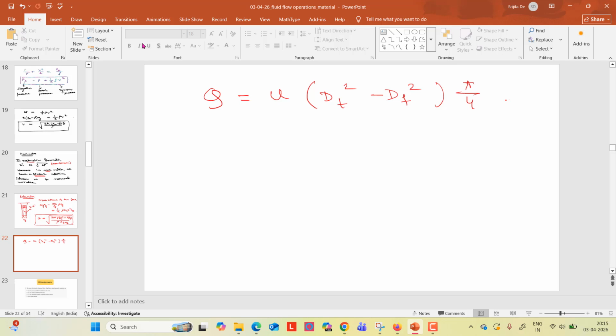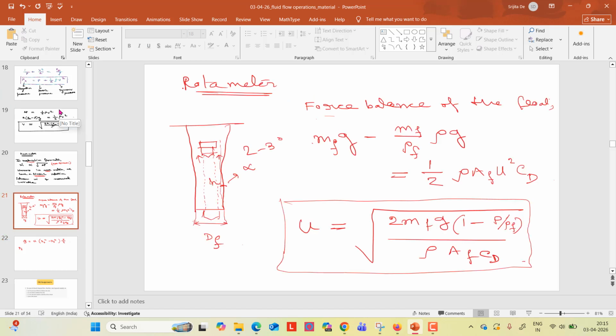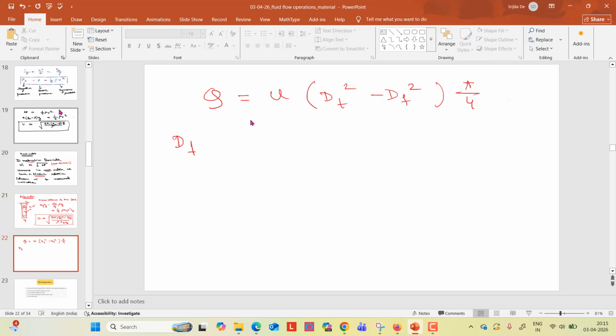Now what is dt? df is the diameter of the float, and dt is the diameter of the upper portion of the tube. This is dt. So how are we going to calculate it? dt is df plus 2 tan alpha into h.